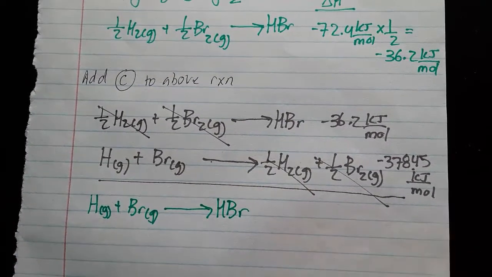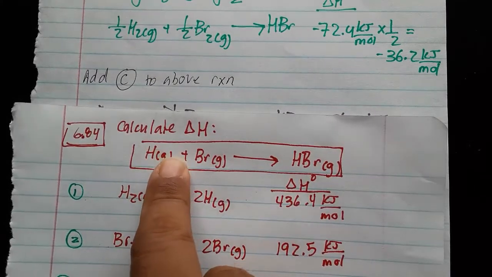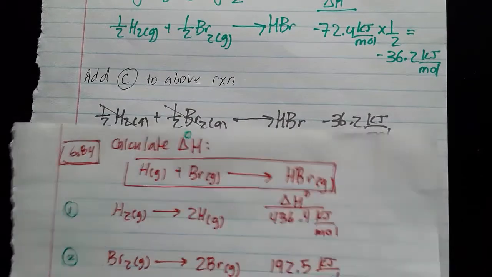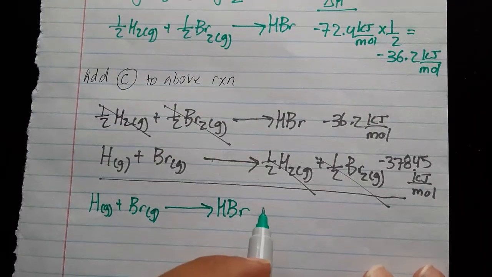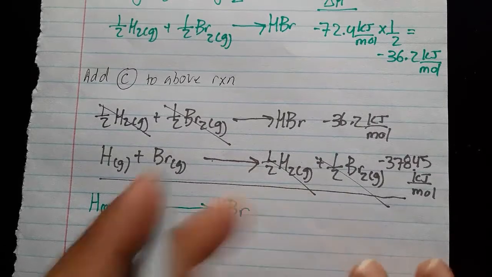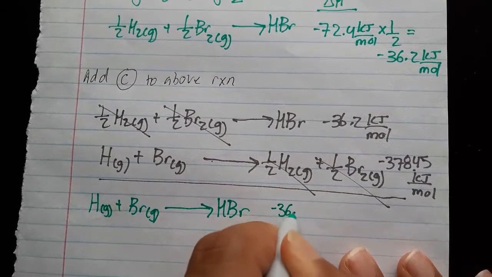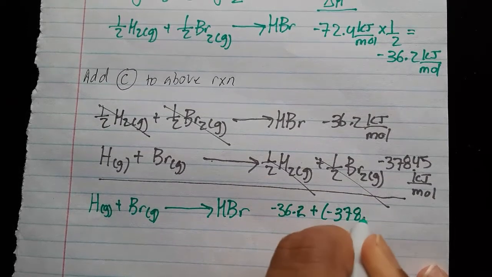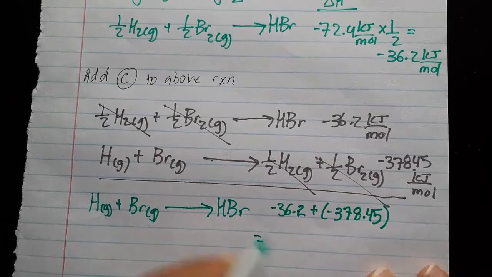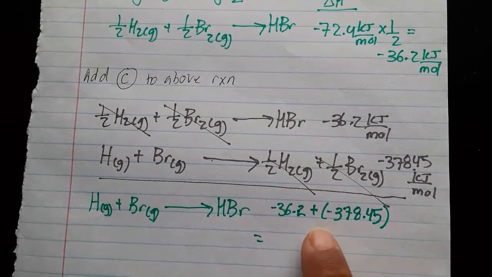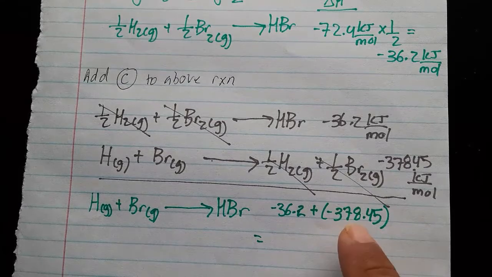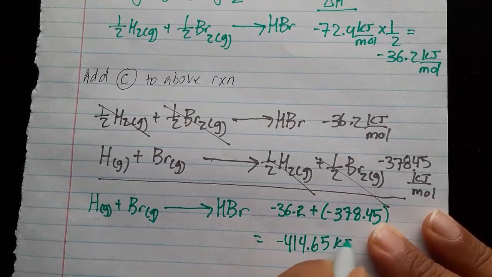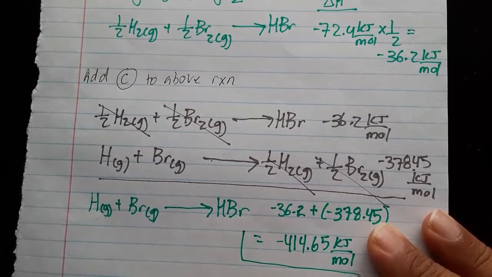Lo and behold, that is the equation that we're asked to find the delta H of, at standard state. That equation has a corresponding enthalpy of minus 36.2 plus minus 378.45, which gives me minus 414.65 kilojoules per mole. This is an exothermic reaction.